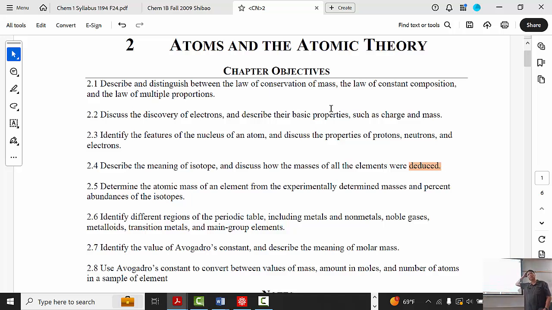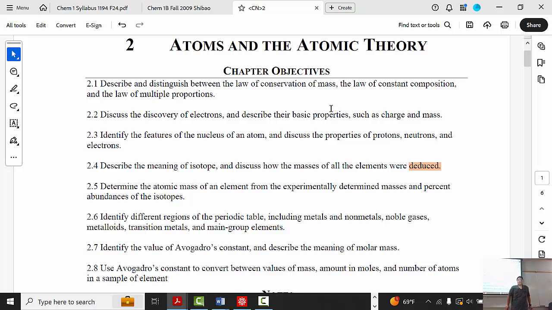Do you know which 2 came from observation? Which 1 came from theory? Yeah, the conservation of mass came from observation, and constant composition came from observation, but multiple proportions came from theory. Discuss the discovery of electrons and describe their basic properties, such as charge and mass.